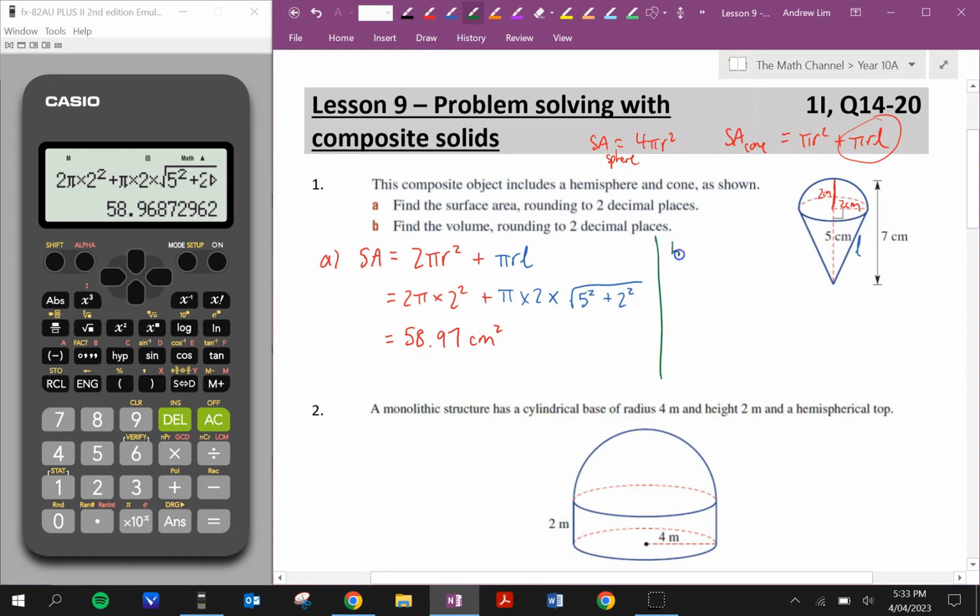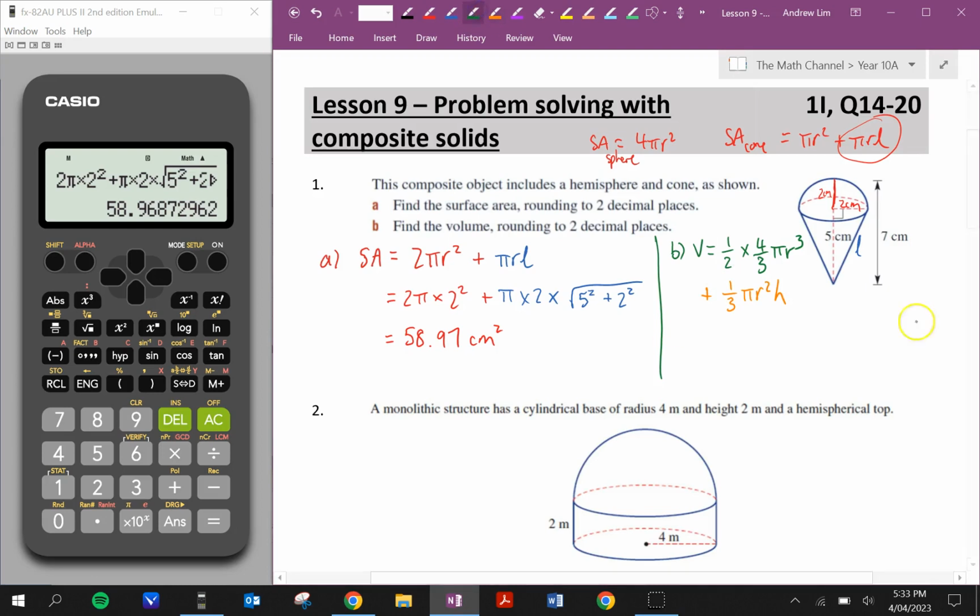Part B, find the volume. The volume of a hemisphere is half of 4 on 3 pi r cubed. Remember this is the formula for a full sphere. But then we need to add the volume of the cone, which is 1/3 pi r squared h.